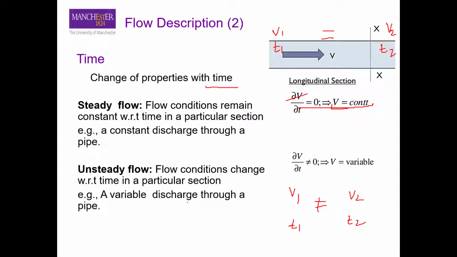A common example is a variable discharge through a pipe. You have this pipe and you have velocity here and velocity here. These two velocities will not be equal, and that causes unsteady state flow.